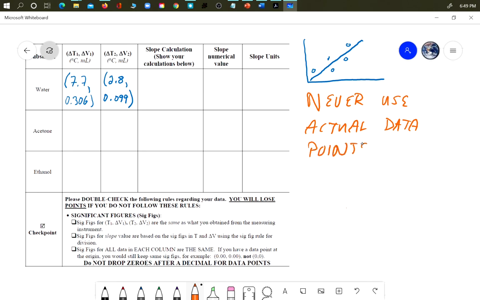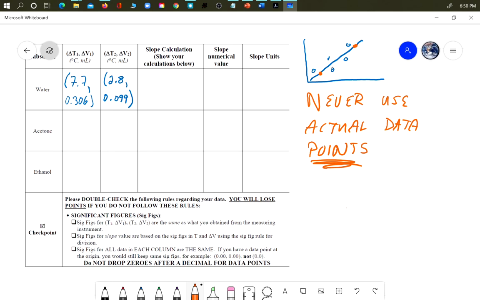And why not? It's as we discussed before. They are fraught with error. They're made with inherent error. The best guess of the trend, which is what we're looking for, is to pick 2 points that are on the line itself.